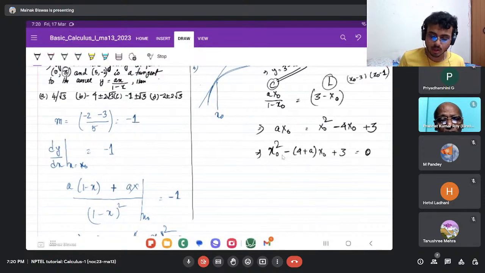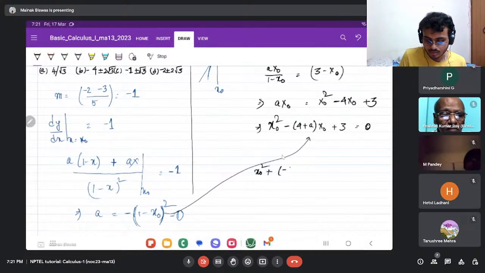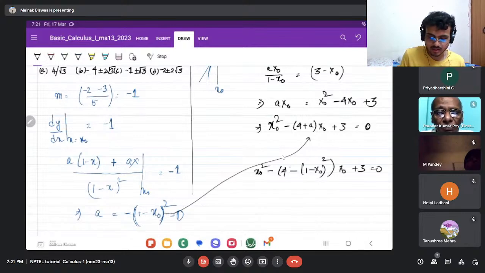So how do you go about this? Just put this equation right in this. So this will work. Put the value of a here: x naught squared minus 4 plus 1 minus x naught squared times x naught plus 3. Agreed? Substituting a. Solve for x naught.